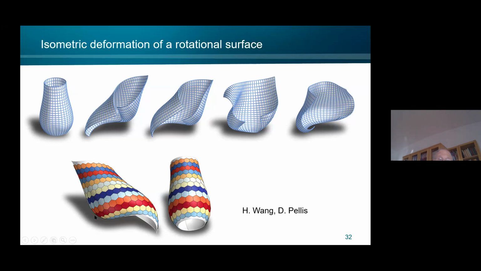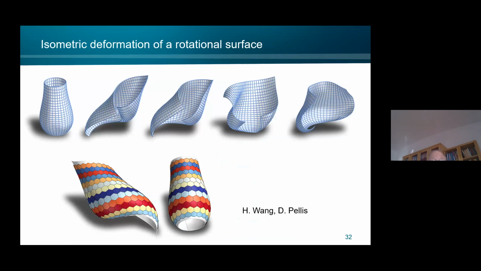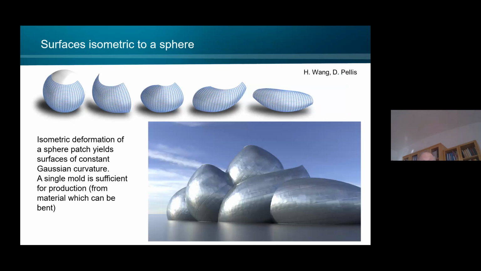And here on the isometrically deformed surface, they are isometrically equivalent, which means in an application where we work with material that can still be bent after production, like sheet metal, we can produce these panels with a relatively small number of molds corresponding to this pattern here on the rotational surface. So roughly speaking, we can produce n squared panels with n molds.